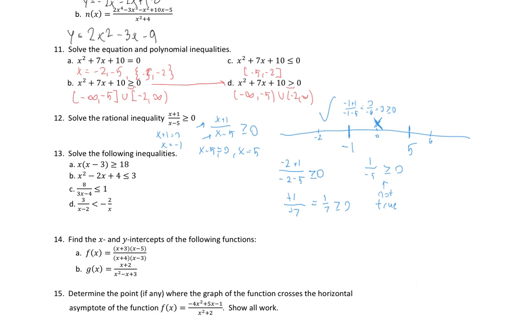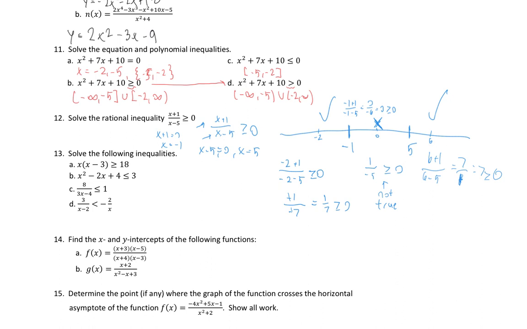Sorry, I lost my train of thought there. 6 plus 1 over 6 minus 5. Well, 6 plus 1 is 7. 6 minus 5 is 1, so it's just 7. And that is greater than or equal to 0. So this section will work.